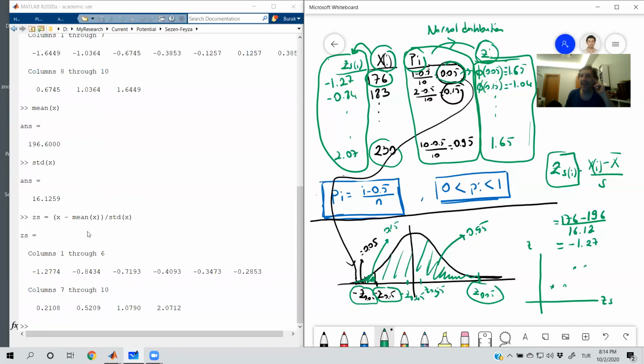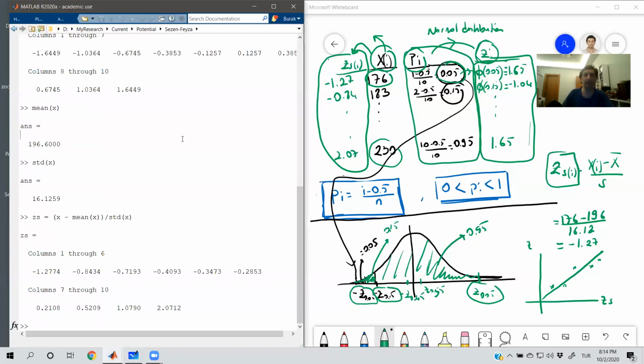And if they form a line or are close to a line, then we can say that these xi values are taken from a normal distributed population. Therefore, what we are simply going to do here is scatter ZS and Z values.